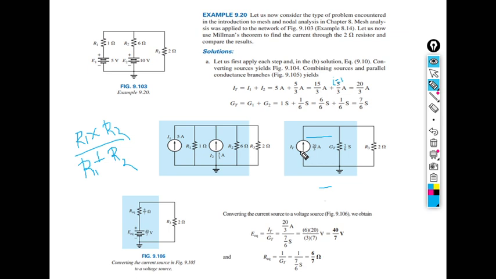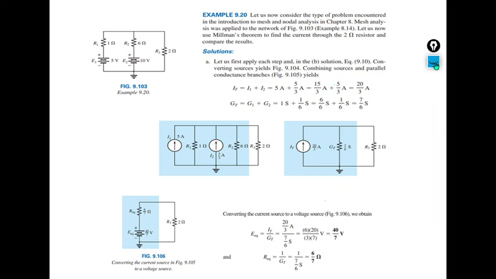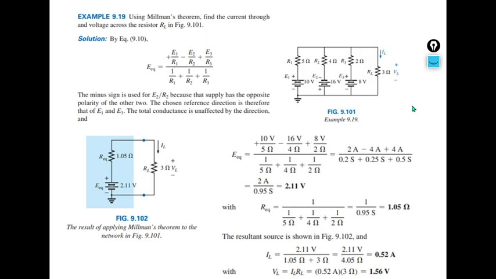Then you can apply the current division rule, or convert the current source to a voltage source with internal series resistance, and in this way you can solve it. I think this is easier than the previous one. Or if you feel that this formula is more helpful, you just have to remember the polarity.